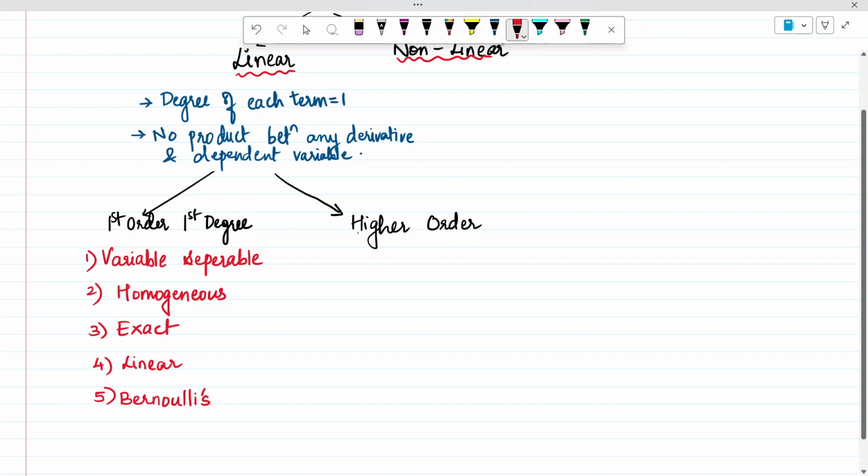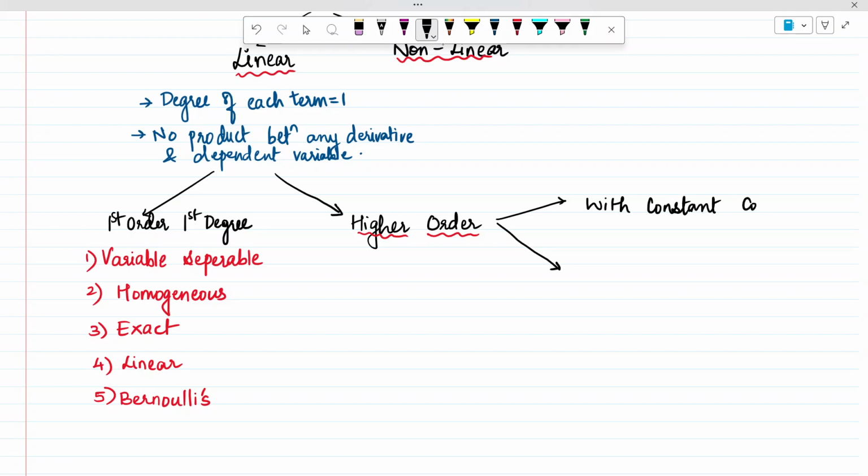Higher order is again divided into two categories. Category number 1 would be with constant coefficients, and category number 2 would be with variable coefficients.